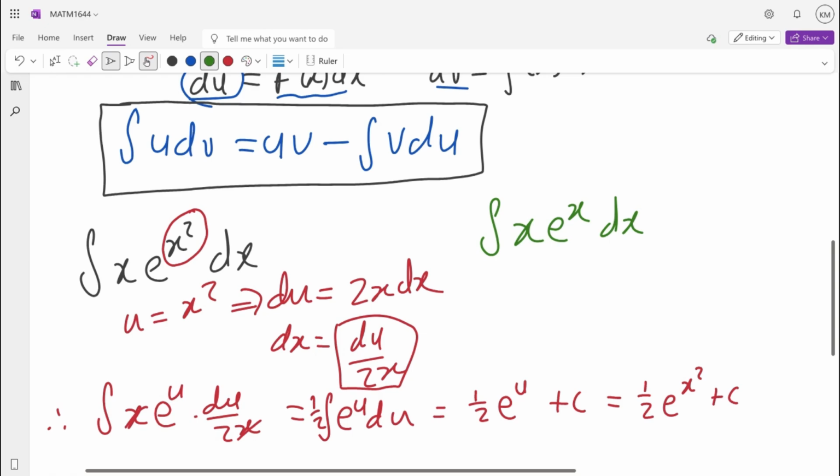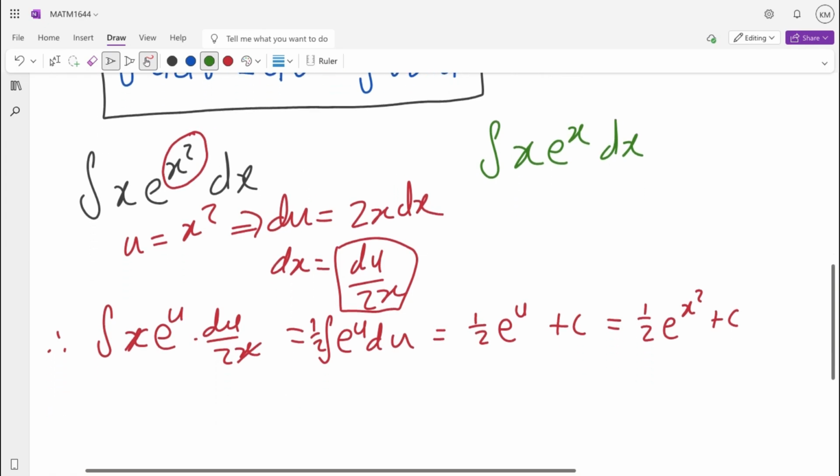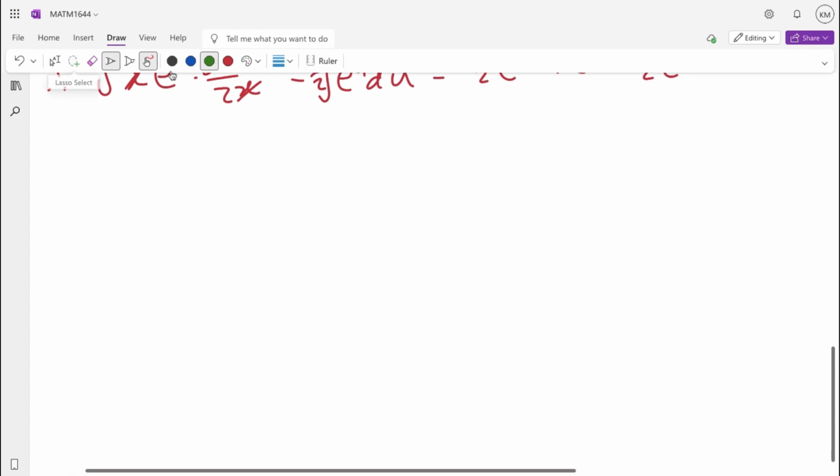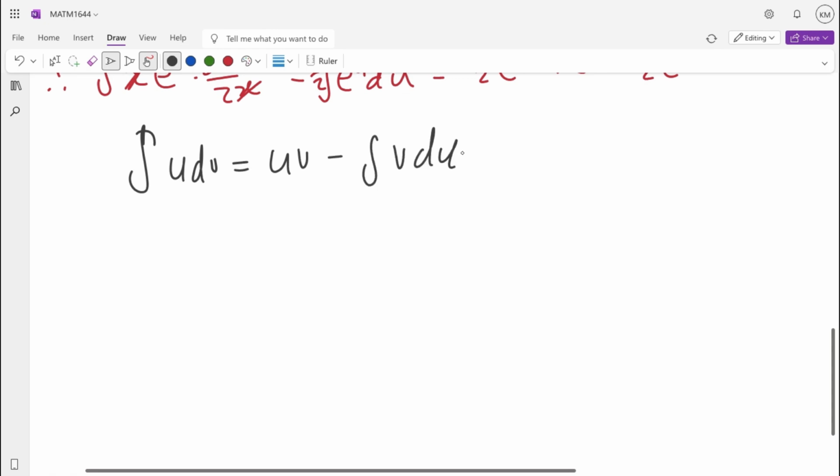So let's go ahead and solve this one together using integration by parts. I'll just quickly write down the formula. The formula says u dv equals uv minus the integral of v du. So I want us to solve the integral of x e to the x dx.